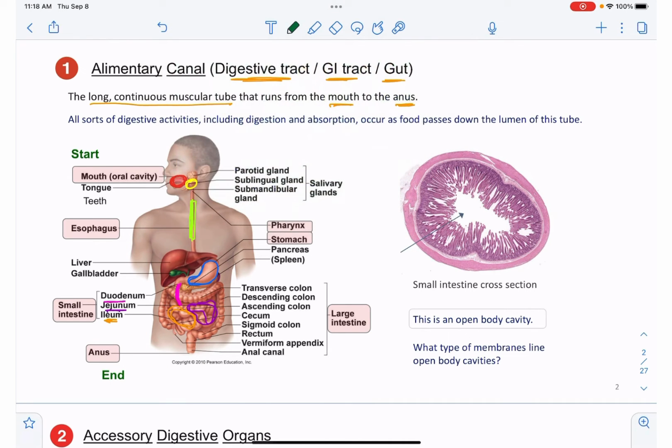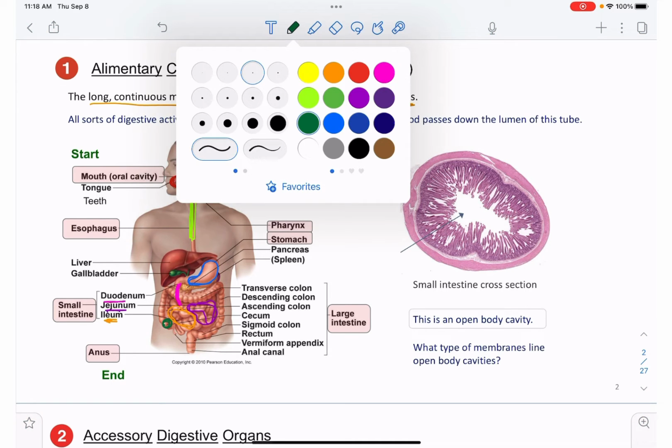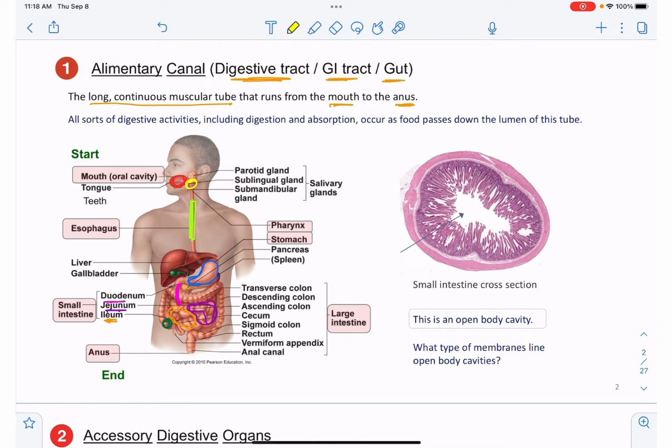After the small intestine, we have the large intestine, and there are different parts to the large intestine. The first component is called the cecum. And then after the cecum, we have the largest part of the large intestine, which is called the colon.